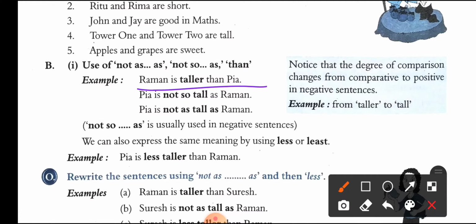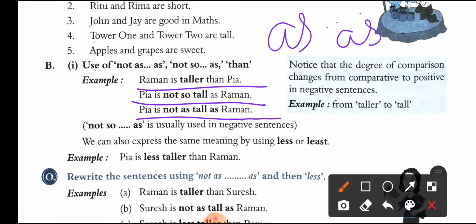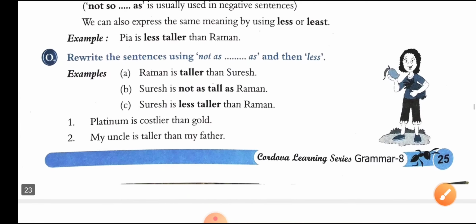It means Pia is not as tall as Raman, or Pia is not so tall as Raman. So both the things you can do, by as and as also, and so and as also. Both are correct. Whatever you want to do, use that. But I am giving the standard answers here.